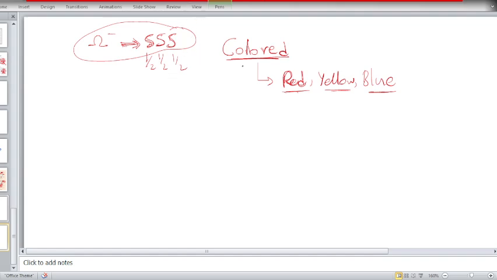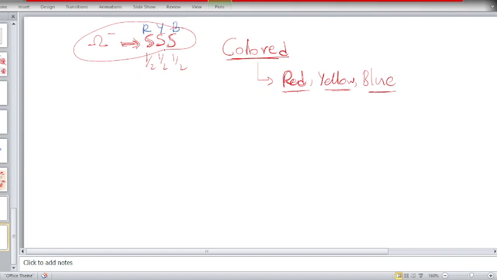So to avoid that, we will have this color code. So if you consider the first strange one is red, and the second one is yellow, and the third one is blue. Okay, so this red, yellow, blue, they are different. So in this case, it will not violate the Pauli's exclusion principle because one quantum number is different. The color quantum number is different in this scenario.